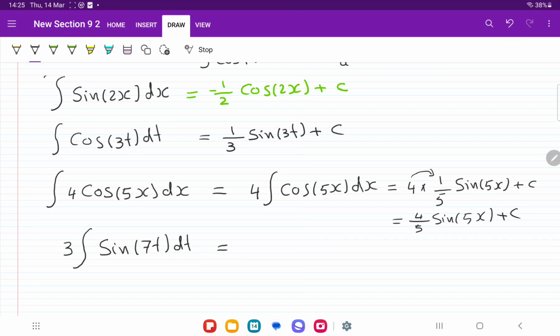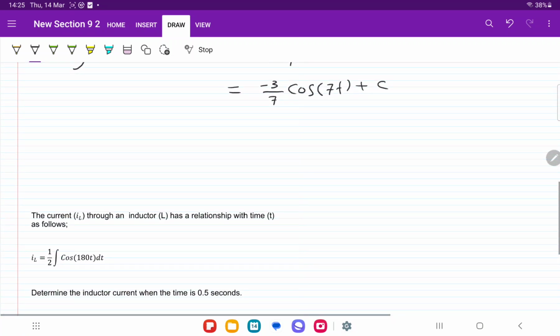We leave the 3 there, and the sine becomes minus 1 over a, which is 7, cosine 7t plus c. To simplify it, 3 times minus 1 gives us minus 3 over 7 cosine 7t plus c.